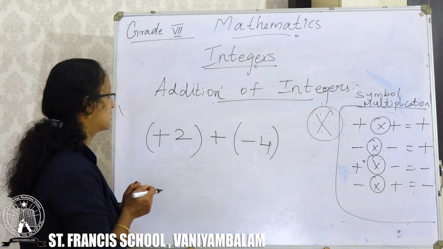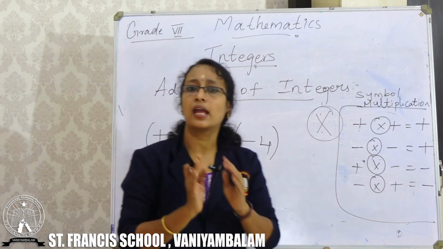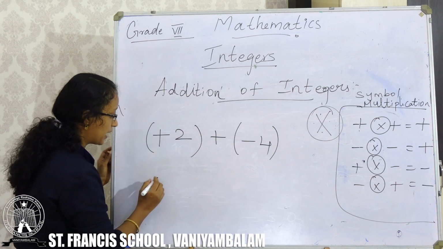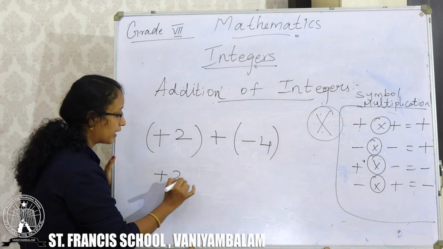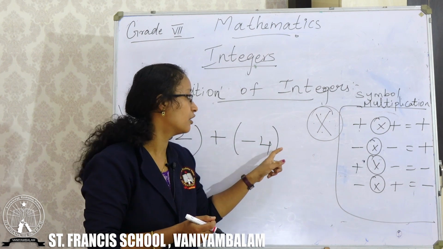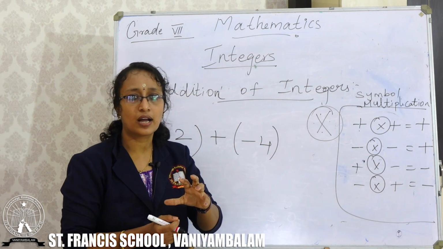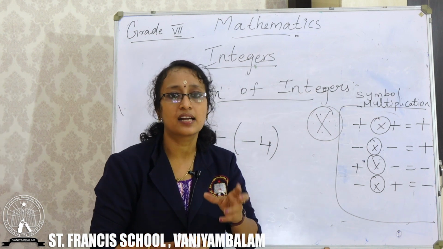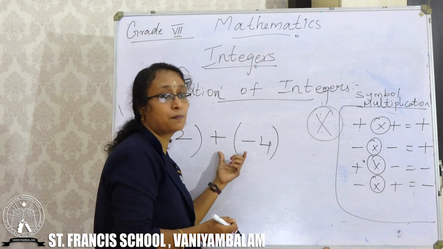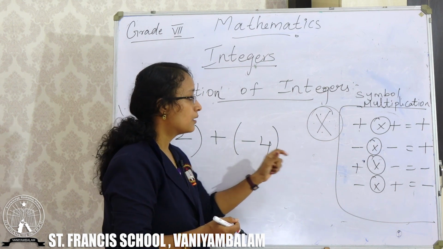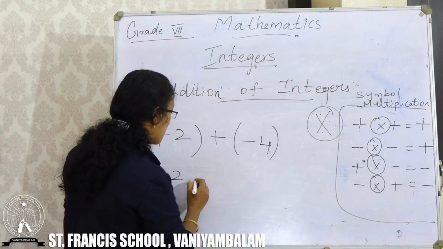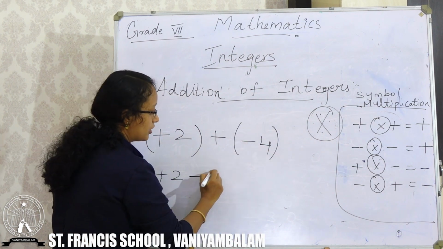So, what happens? I told you our aim is to first remove the brackets. So, remove the brackets. Plus 2, write it as it is. But you have plus and minus here for this 4. So, what you have to do is, if two symbols are nearer, then they are in multiplication. So, multiply this plus and minus. Plus into minus is minus.